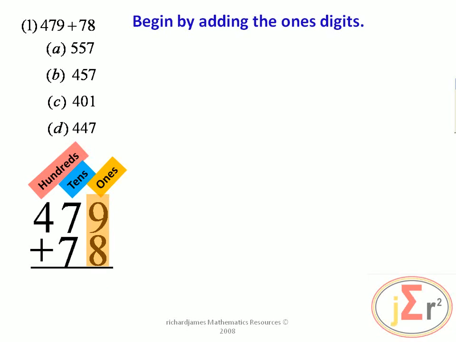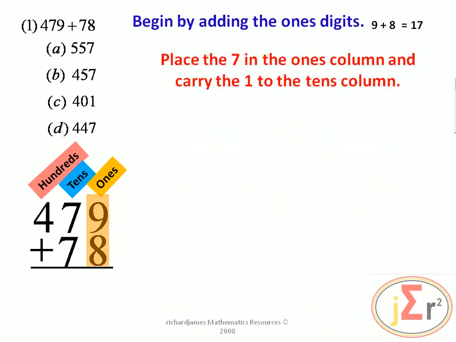What's 8 plus 9, Jerry? 8 and 9 is 17. Okay, so 17 is correct. So 9 plus 8 is equal to 17. What do we do? Do we put the entire 17 in the ones column? No. Okay. So place the 7 in the ones column and carry the 1 to the tens column.